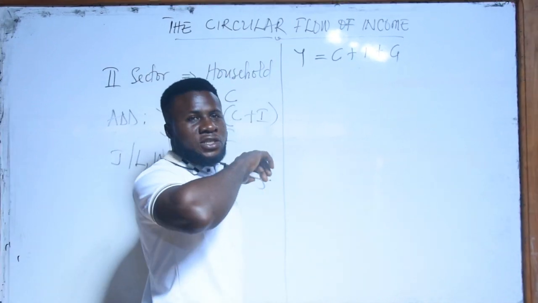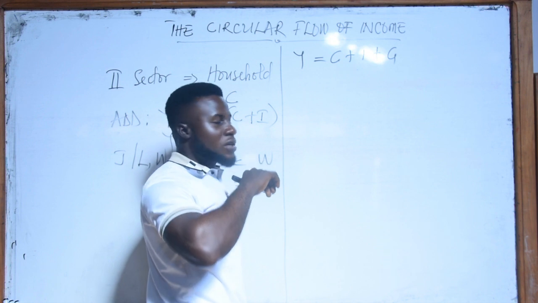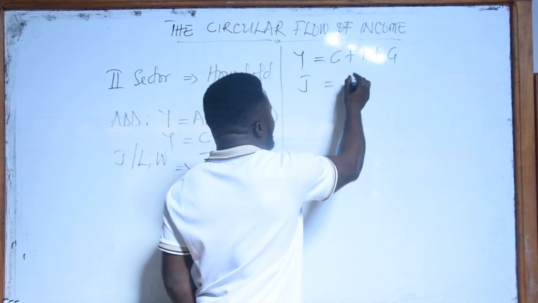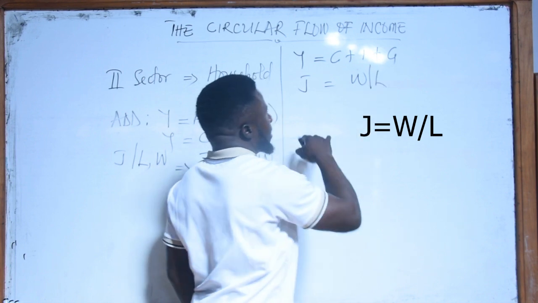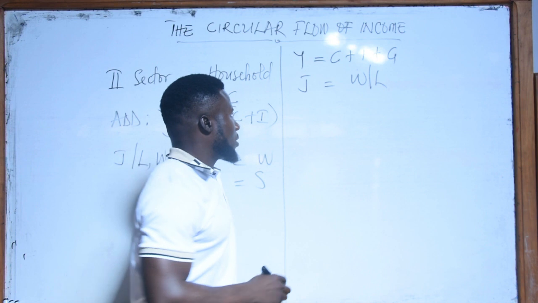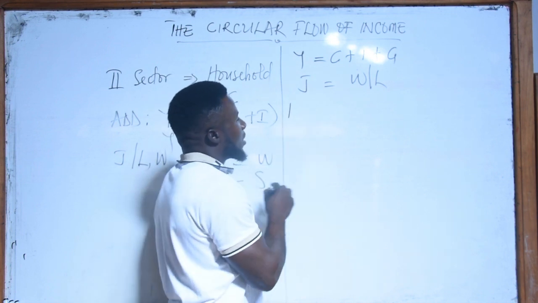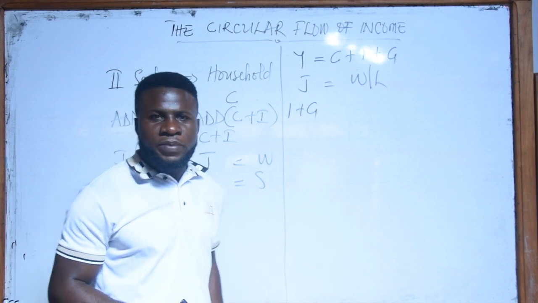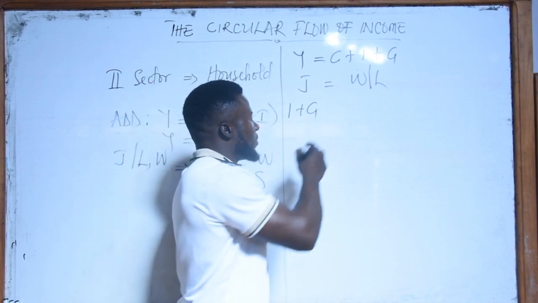Then using the injections, leakages, or withdrawal approach, income is at equilibrium here when all injections are equal to withdrawals or leakages. And we have two injections under the three-sector economy: injections brought about by investments from firms, and injections brought about by government expenditure, since we now have the government present.